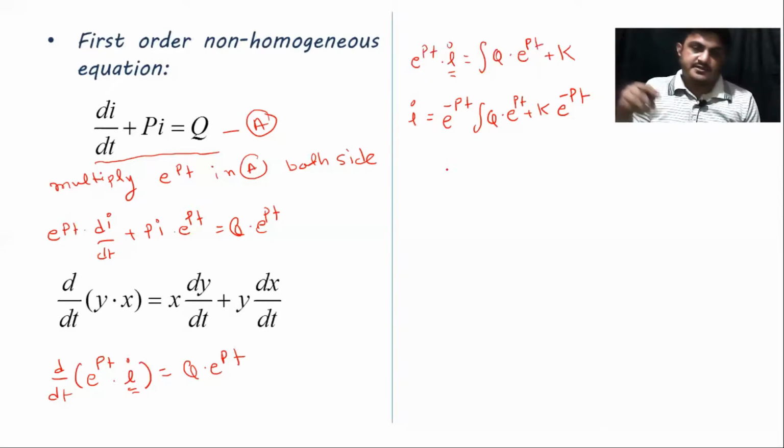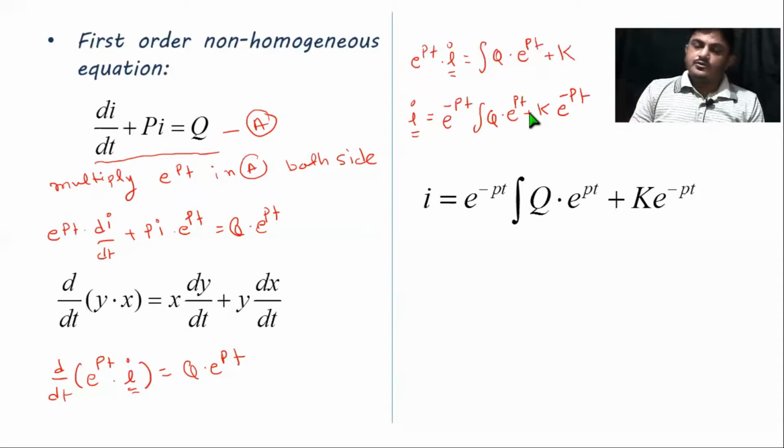This expression is very important to solve our first order differential equation. Though I have written this as I, it could be I or it could be B depending on our requirement. So let me write this expression once again. This is your di by dt plus pi equal to q.